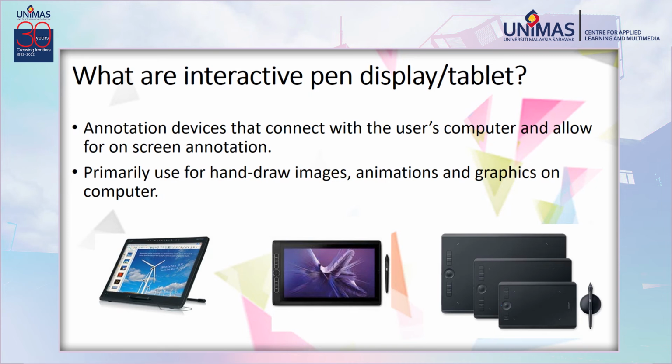Most likely you already understand, it's primarily used for hand drawing images, animation, and graphic computers. But due to the pandemic, or because of the MCO, it's very hard for us to go to our traditional face-to-face session. Because of that, these devices are, like I said, very, very popular nowadays.